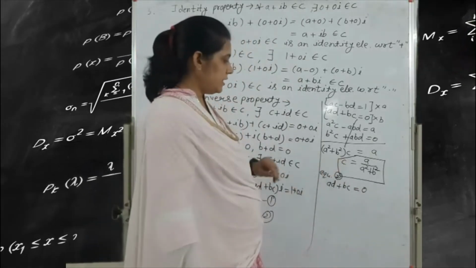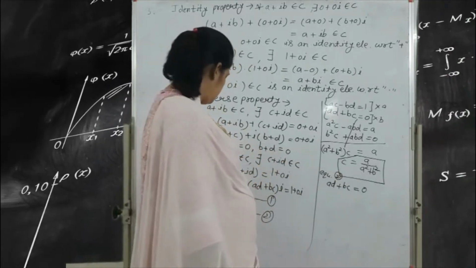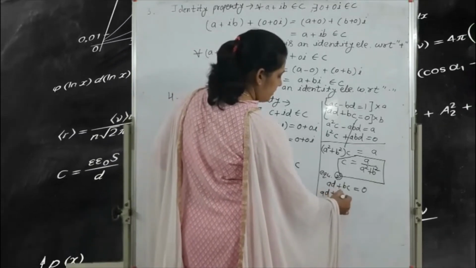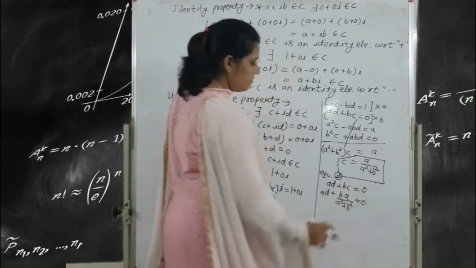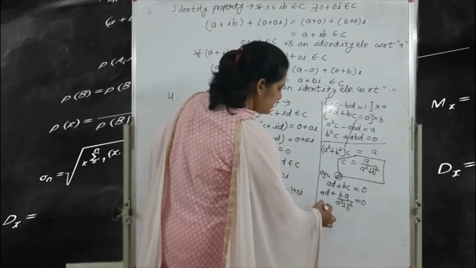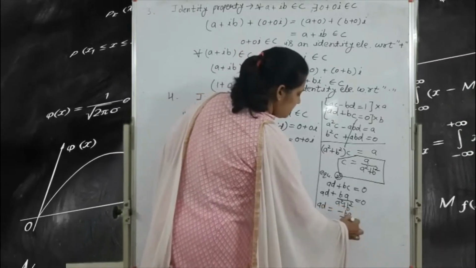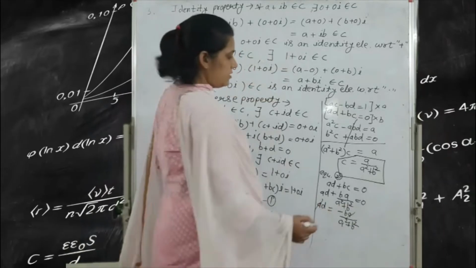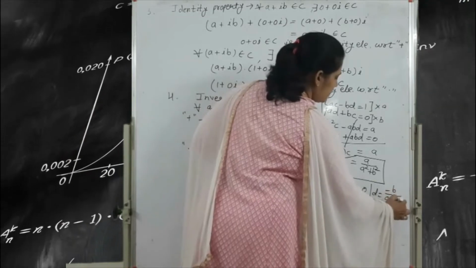So you put here the value of C. Here AD plus B into A upon A square plus B square, because we put the value of C. So for finding D, AD is equal to minus BA upon A square plus B square. Got it? So here A cancels. So D is equal to minus B upon A square plus B square.